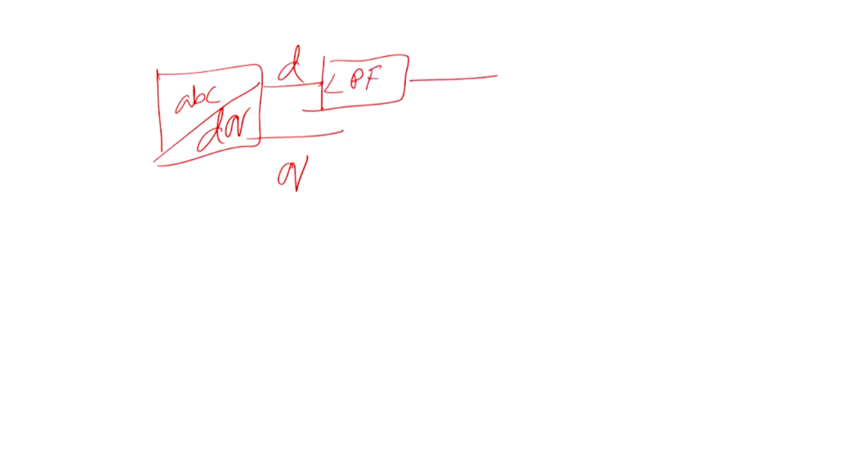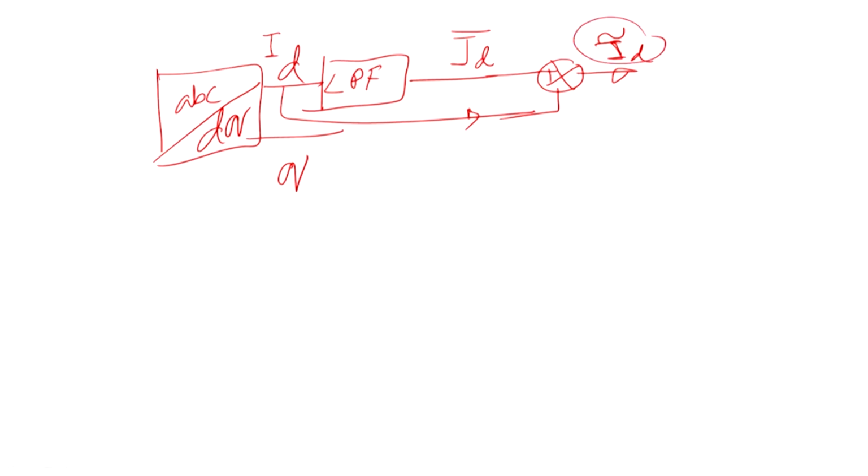From there you estimate the ID, which has ID delta, and ultimately you get the ID bar, okay, and that you subtract from the ID to get the ID delta. Essentially, how accurate it would be depends on the cutoff frequency of this low pass filter. Since you know that ID bar will be a DC component, you can put this cutoff frequency very low.